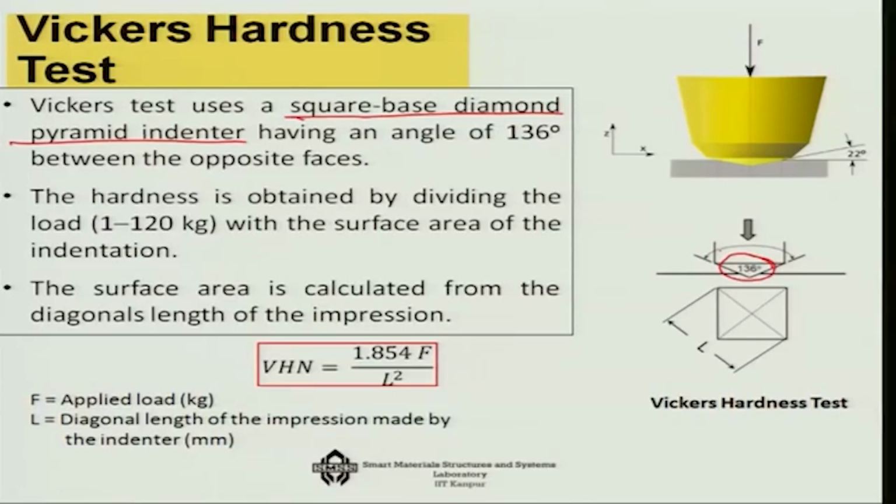That is what is used in the Vickers hardness test. In this case, the hardness is obtained by dividing the load, which is generally 1 to 120 kg, by the surface area of the indentation. And the surface area is calculated from the diagonals of the length of the impression.